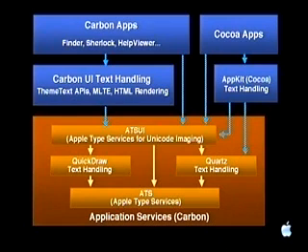If you're Carbon, you might be going through the Carbon UI text handling routines. That is to say, you might be taking advantage of something such as the theme text APIs. You might be using multilingual text engine. You might be using the HTML rendering APIs. If you're using those, you are using ATSUI because they're all calling into it. Or you might decide that you want to use ATSUI yourself.